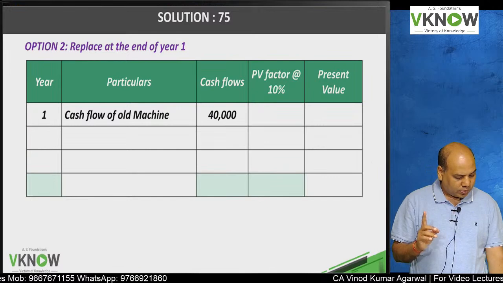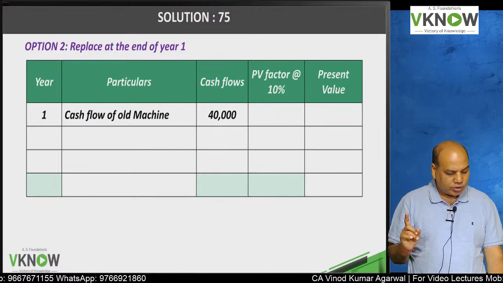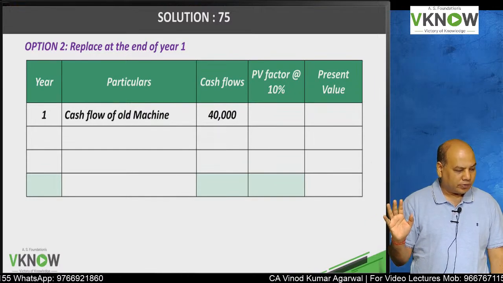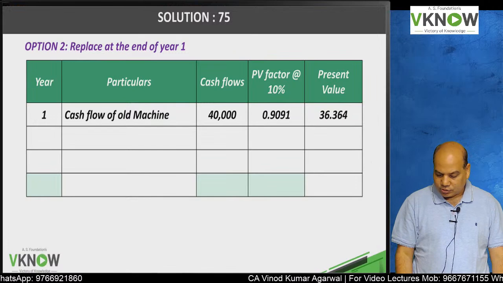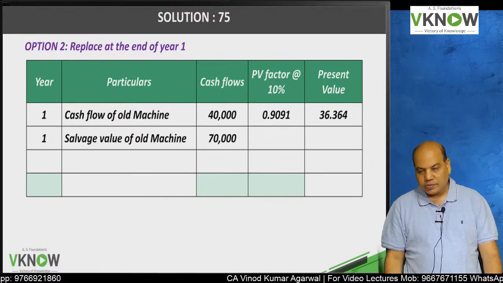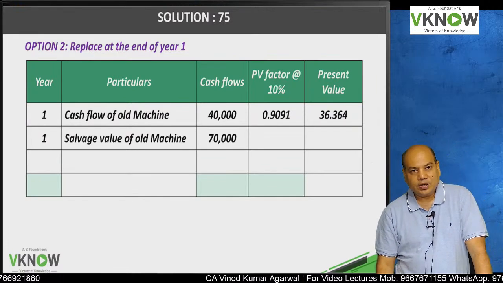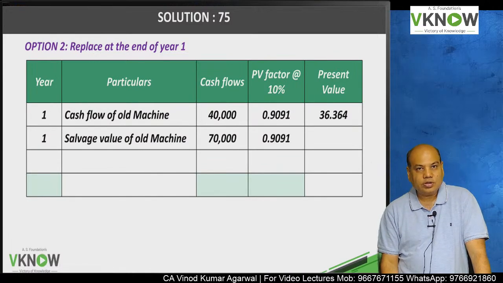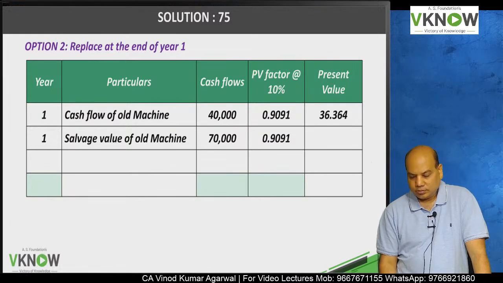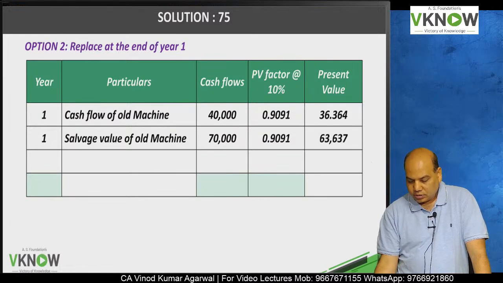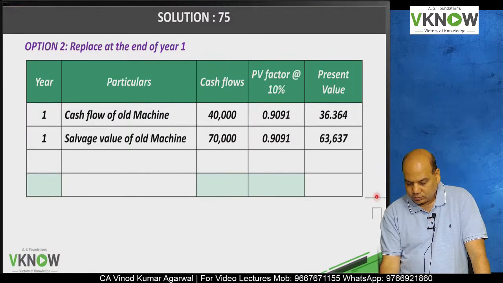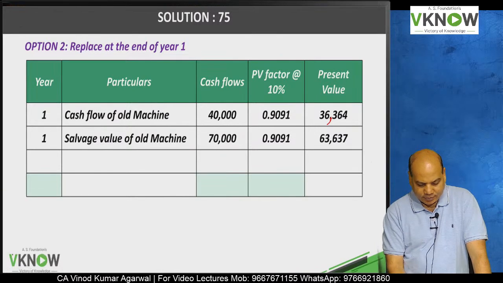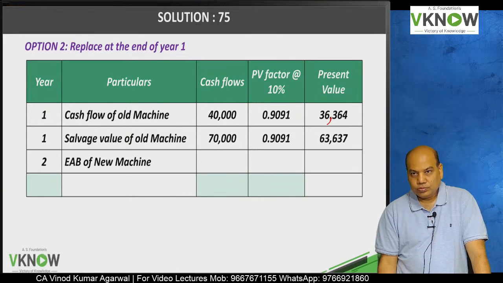Year 1 cash flow will be 40,000, and you can scrap it also. Scrap value 70,000. Present value factor 0.9091. Total 63637. Okay.